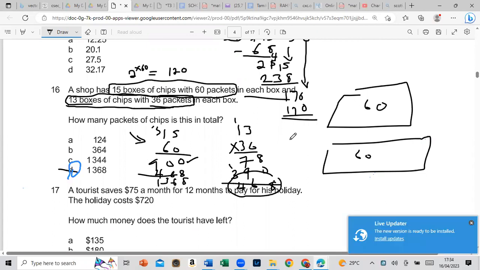Sir, I got like 400 for some reason. Multiply it over, all right? So that's the problem. Multiply back 15 by 60, including the 400, right?